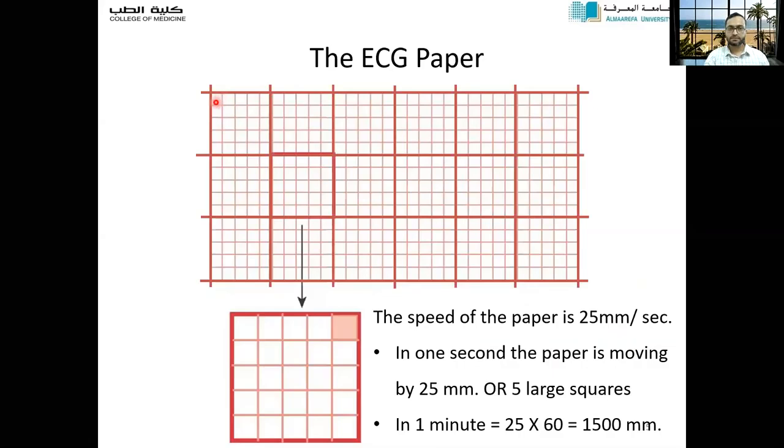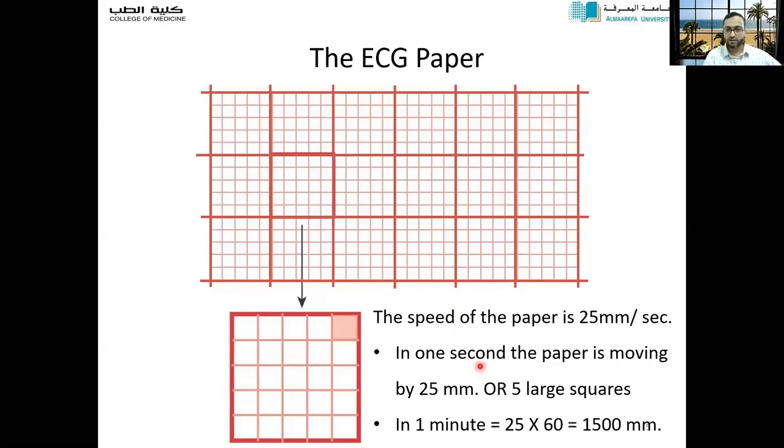It means that 25 small squares come out of the ECG machine in 1 second. In other words, 5 big squares, from here to here, come out in 1 second. This is how we have converted the metric scale of millimeter into seconds.